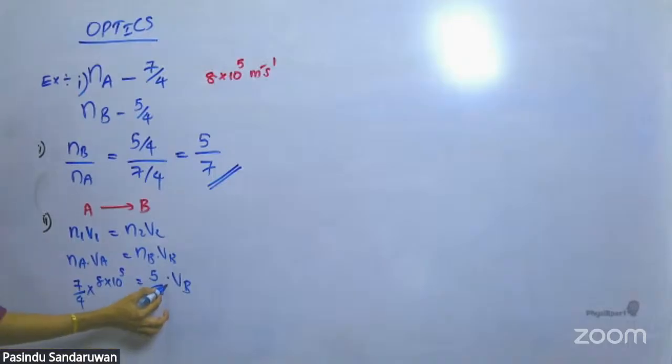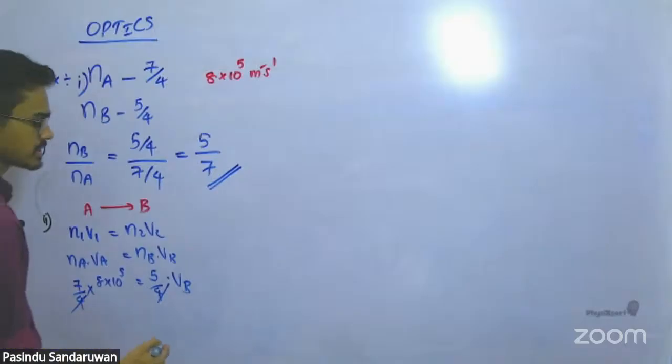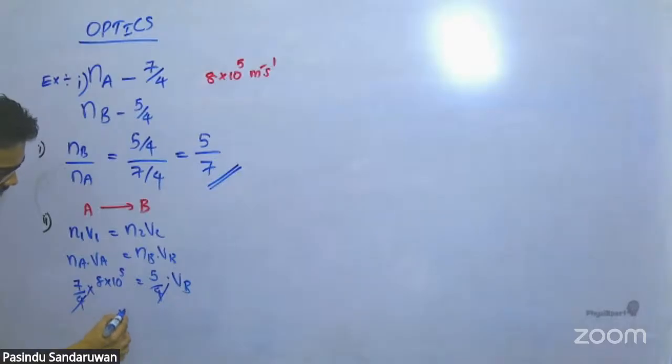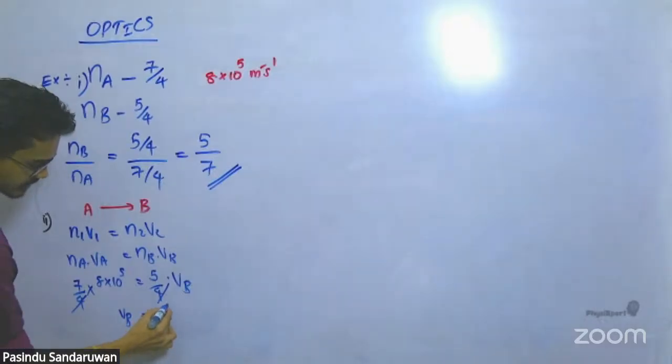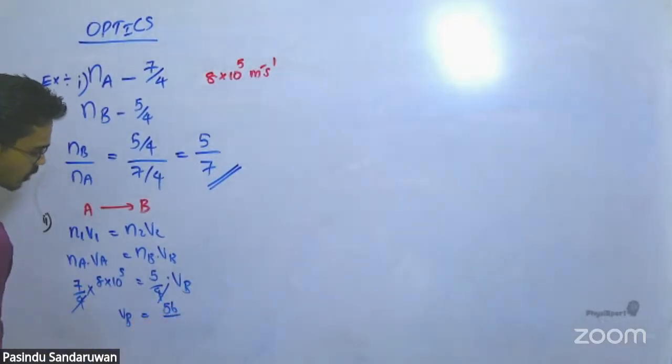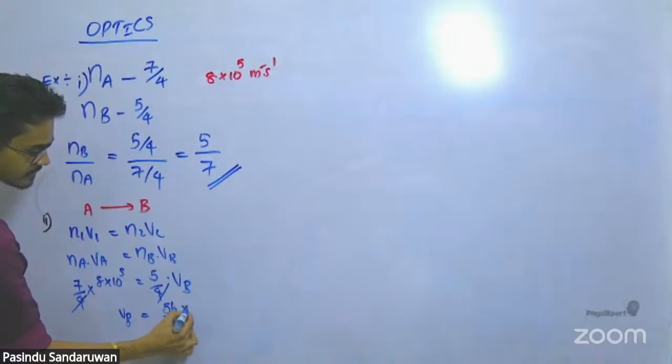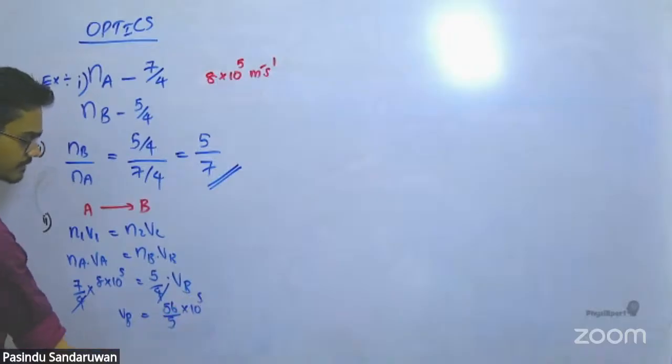The 4 cancels off. Then, making VB the subject, VB is given by 8 times 7, which is 56 over 5, times 10 to the power 5.